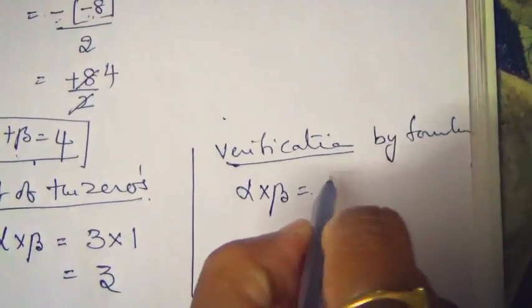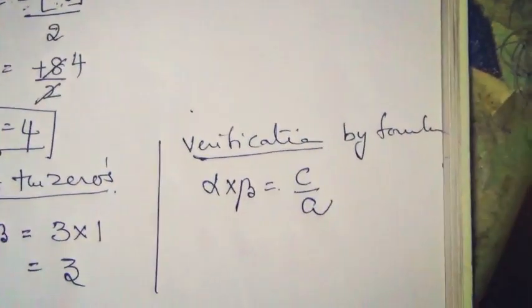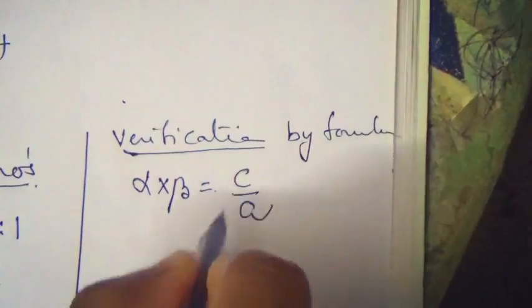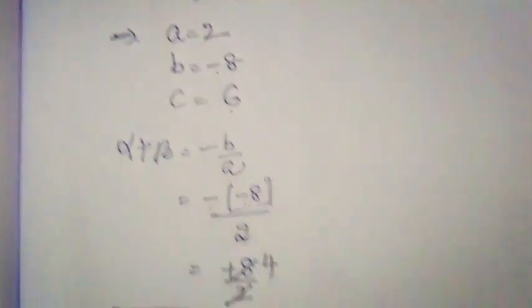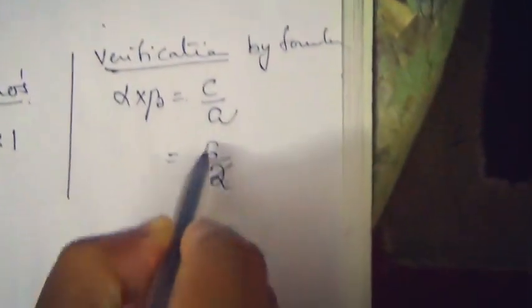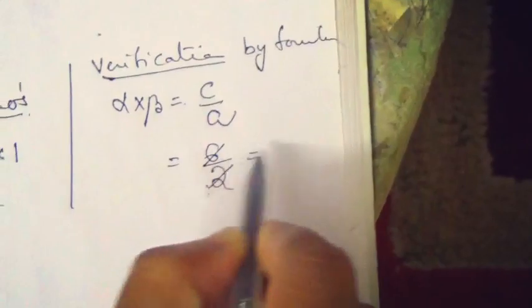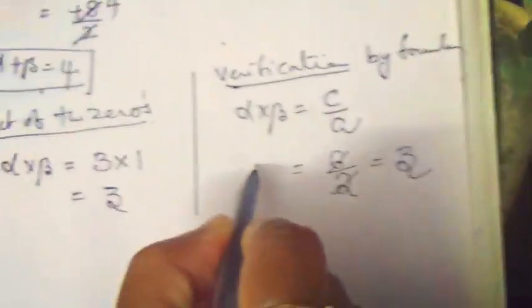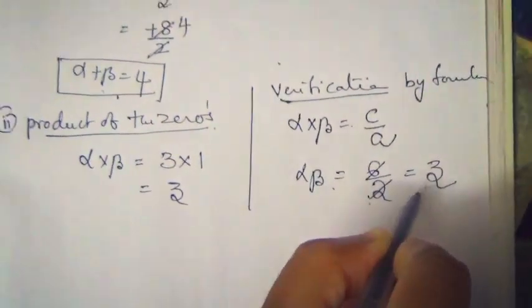Alpha beta is equal to c by a for quadratic equations. What is the c value here? 6 by, what is the a value? 2. On cancellation of 6 in the 2 table, you will get 3. Alpha beta is equal to 3.